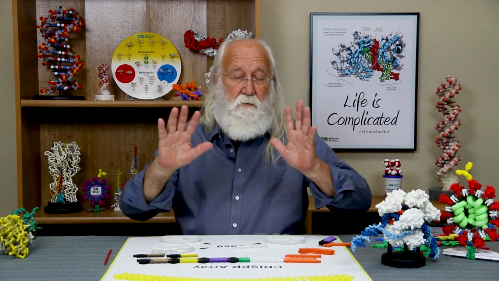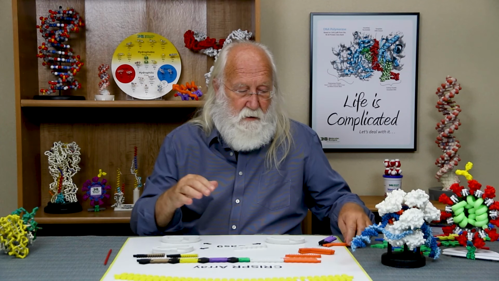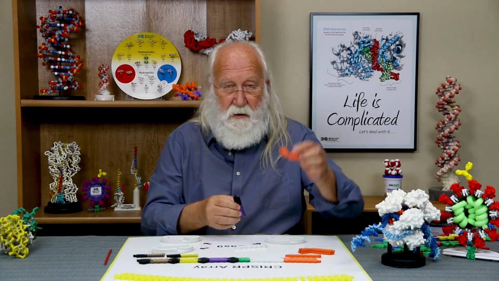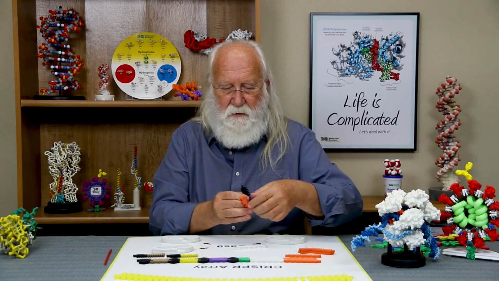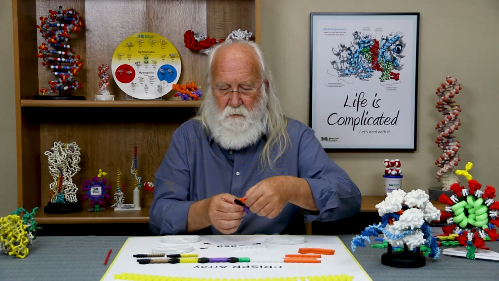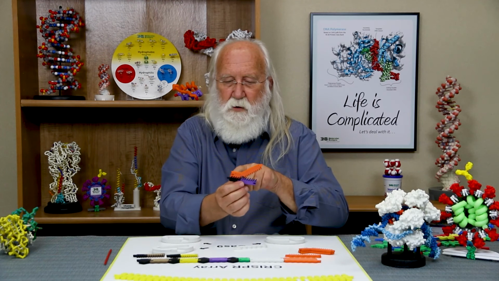These other genes were also transcribed by an RNA polymerase into RNA, but these are not messenger RNAs, these are structural RNAs. And the tracer RNA is the name we give to this orange piece.